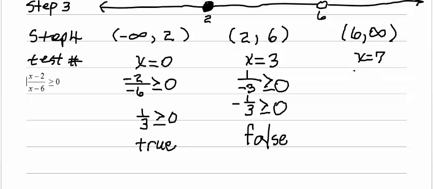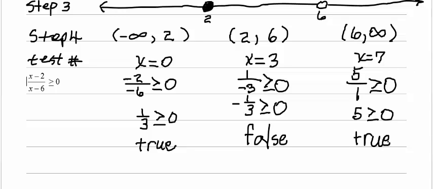7 minus 2 is 5. 7 minus 6 is 1. So we get 5 over 1 greater than or equal to 0, which is simply 5 greater than or equal to 0, which is a true statement.